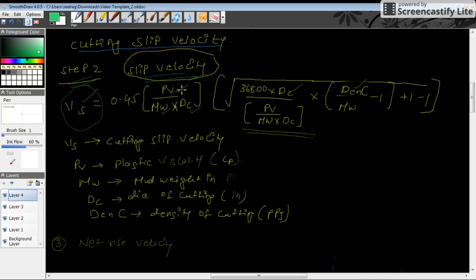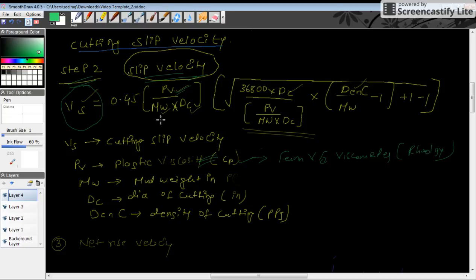PV is the plastic viscosity, calculated in cP, which can be determined from a Fann VG viscometer or a rheology test. We can discuss this topic later. Plastic viscosity normally denotes the solid content present in a drilling fluid.